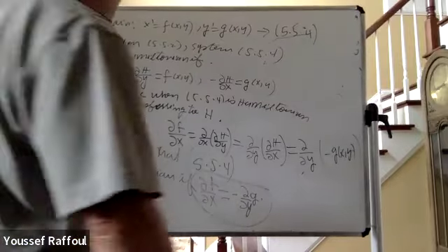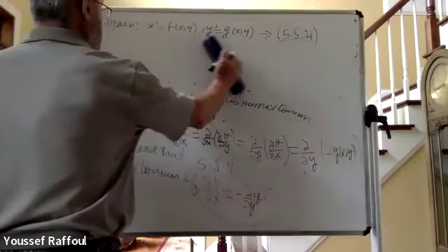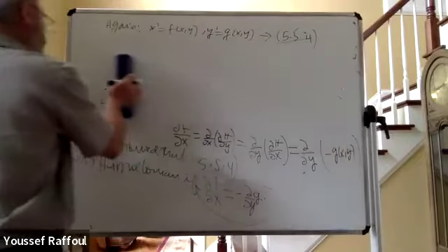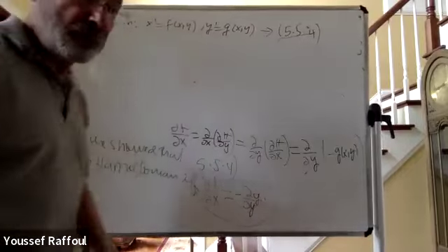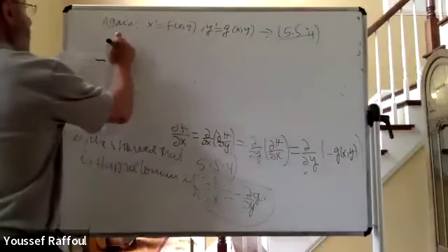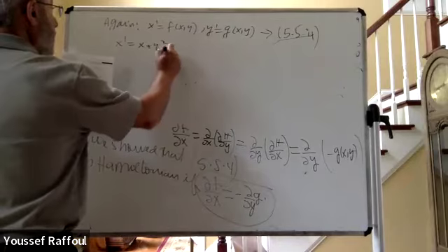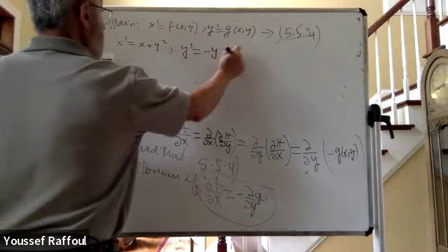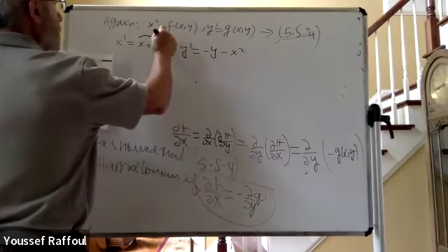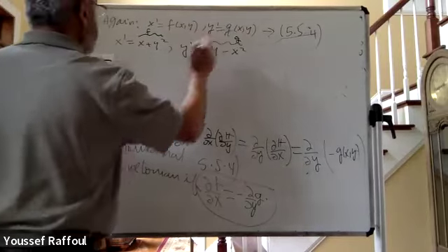All right, so let's take a look at an example. Let's take x prime equals x plus y squared, y prime equals minus y minus x squared. So this is f, this is g.